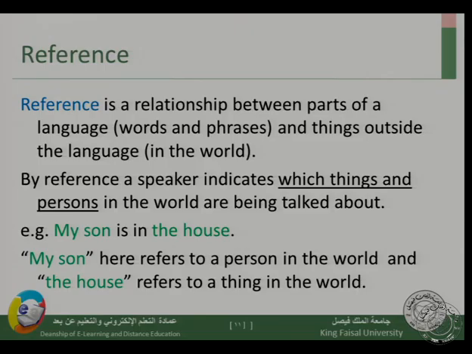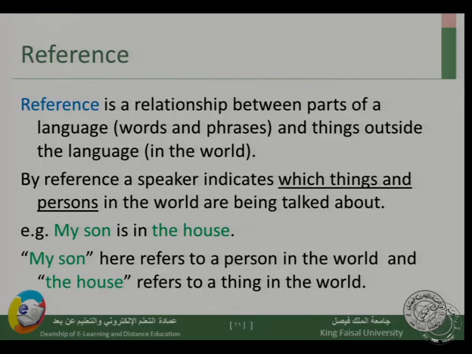By reference, a speaker indicates which things, which persons in the world he is talking about. So he might be talking about a place, an object, a person. So by reference, language creates a link between words, phrases, and sentences, and places, things, and objects in the outside world. So this link between the language and the outside world is what we call reference.